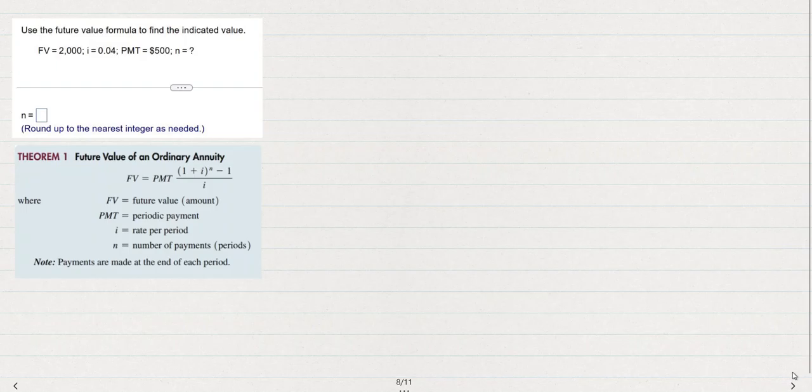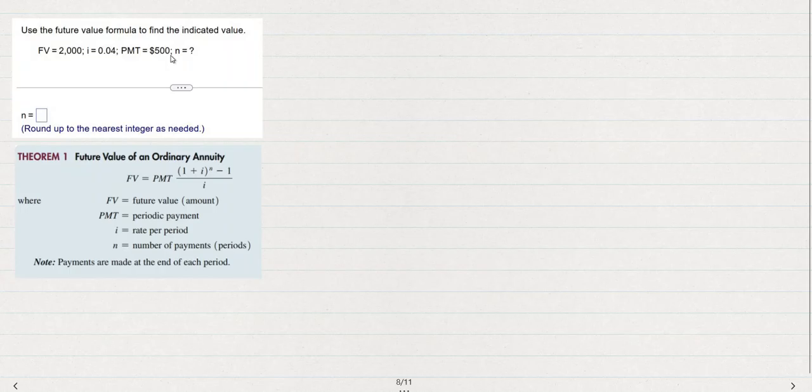What we have is an example that gives us a future value, an interest rate, and a payment amount, and we want to determine how many payments, so find n, how many payments are made to get this future value. So solve for n.